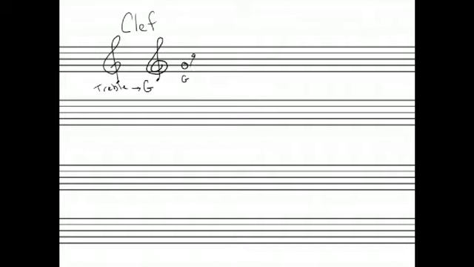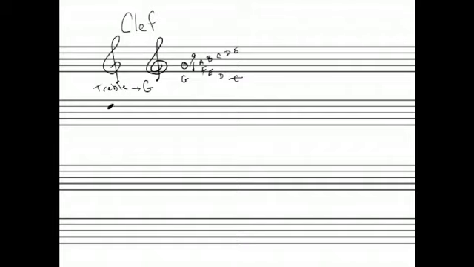Going up, we're going forward in the alphabet. A, B, C, D, E, and so on. Going down, we're going down the music alphabet. F, E, D, and then we get into our ledger lines, C, and so on, down the staff.